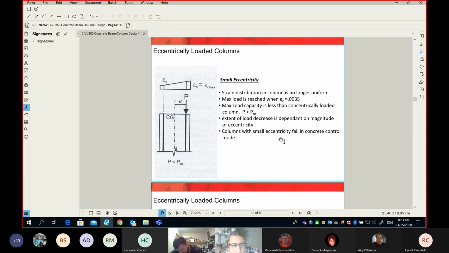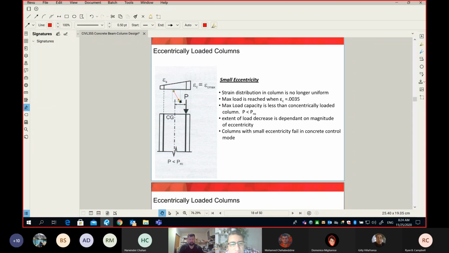So in this discussion, I'm trying to show you and talk about something called small eccentricity and something called large eccentricity. As you remember, and probably studied in strength of materials and maybe soil mechanics, once we move the axial force away from the centroid by a distance called E, what is E?